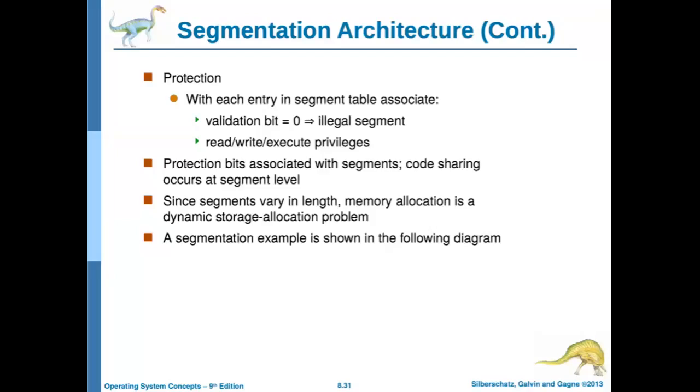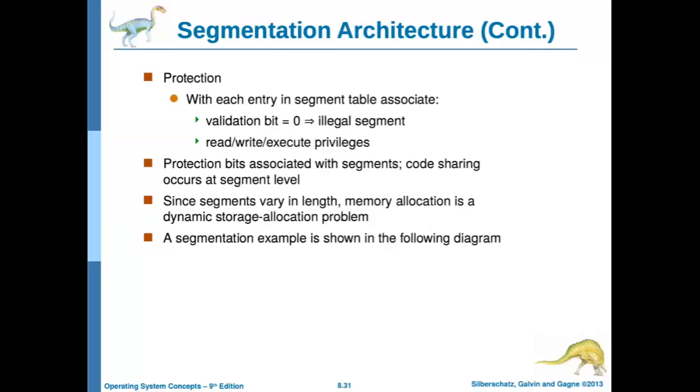Because maybe we have a different segment, but that segment is not yet loaded, because this allows us to start execution of the program before loading all the segments. We'll just mark it as 0, that means illegal segment. If there is an illegal segment, it will definitely result in some sort of trap, and then the operating system will catch it. It will bring that segment into the memory, and then it will check.